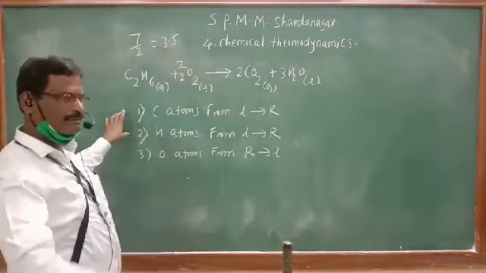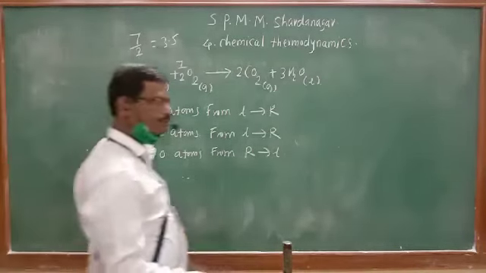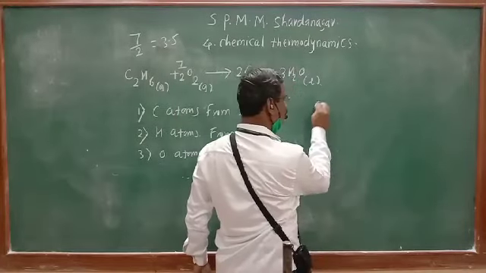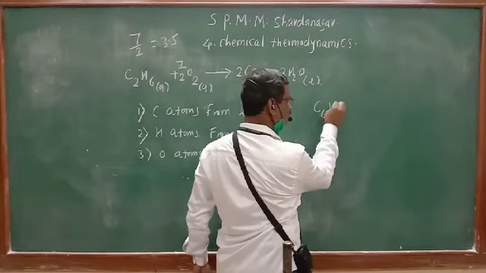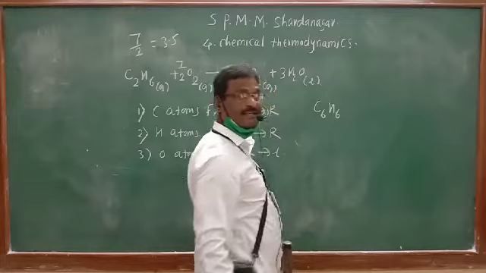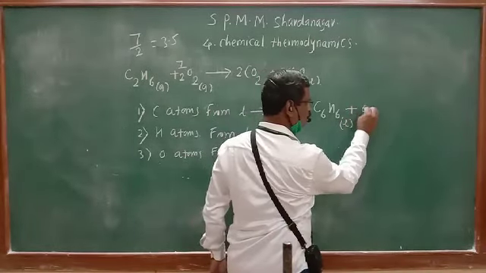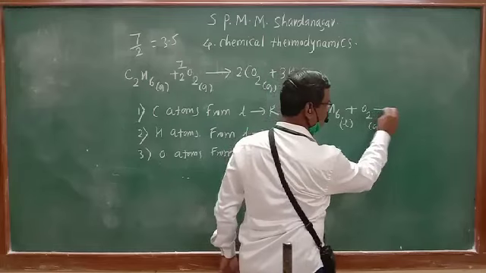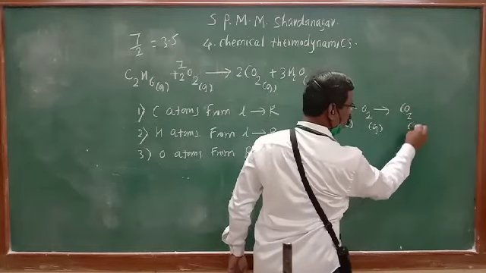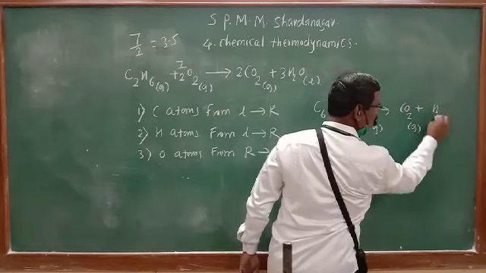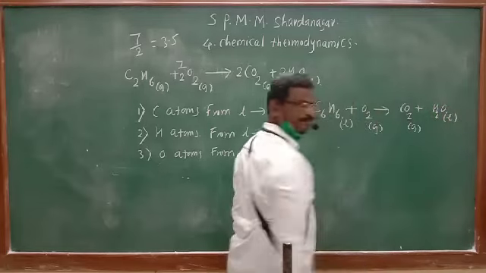Let us see one more example. Suppose we have this compound now, C6H6 benzene liquid plus O2 gas gives CO2 gas plus H2O liquid.